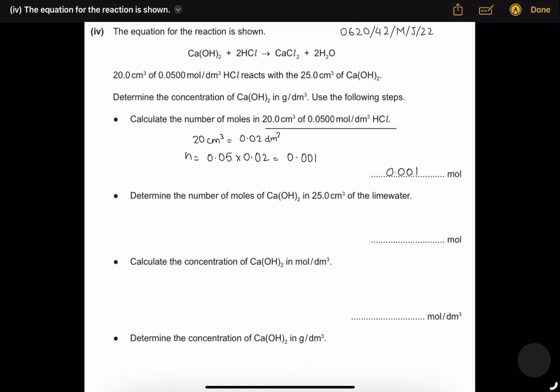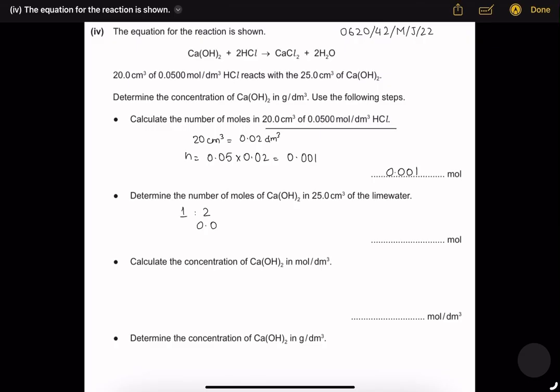Now determine the number of moles of Ca(OH)2 in 25 cm cube of the lime water. So here we will be using the molar ratio, which is 1:2.